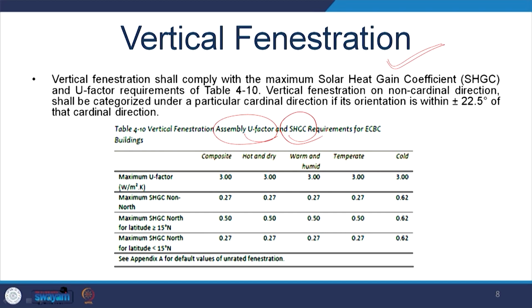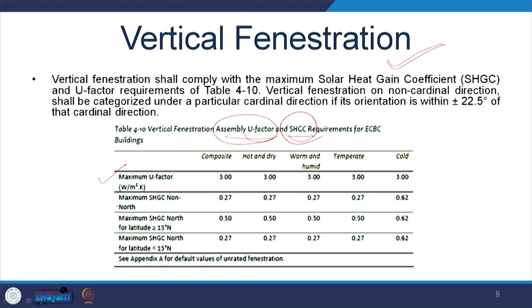As per the ECBC, the U factor and SHGC requirements are given for the fenestration based upon the orientation and latitude. So, we have a U value irrespective of the latitude and orientation, and for SHGC we have maximum values prescribed for the non-north windows and maximum SHGC prescribed for the north facing windows based upon their latitudes, greater than or equal to 15 degree north and less than 15 degree north.